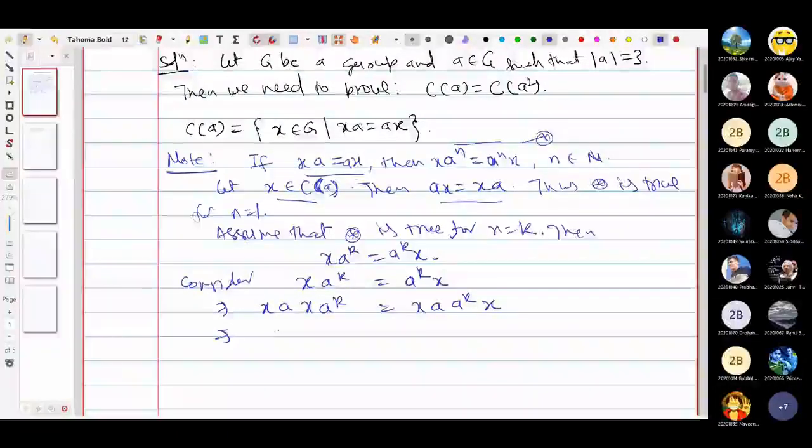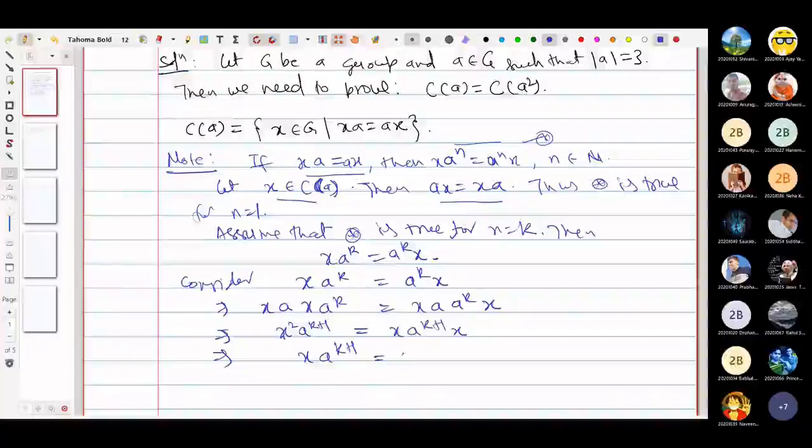So we can write x square and a to the power k plus 1, and this is equal to x and a to the power k plus 1 times x. If we use the left cancellation law here, we have x a to the power k plus 1 equal to a to the power k plus 1 times x.